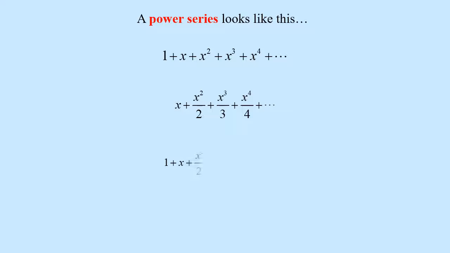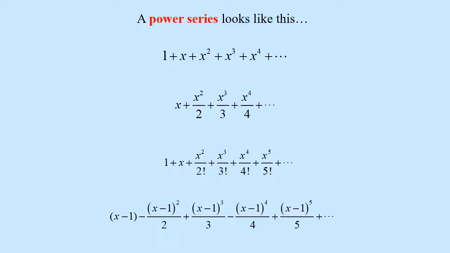And here's what we mean by power series. We mean we have polynomials that have increasing powers of x. So as you can see here in the first one, we've got an x to the 1, an x to the 2, x to the 3, x to the 4 going forever.